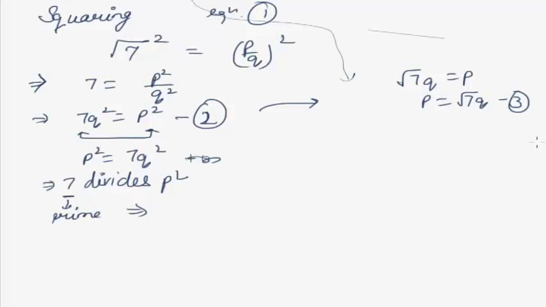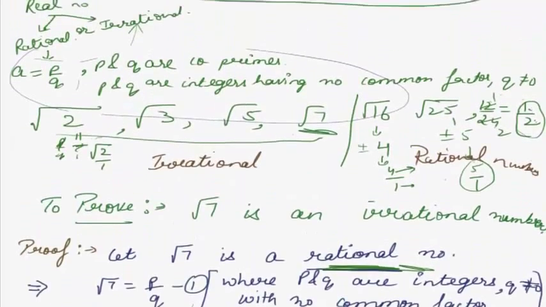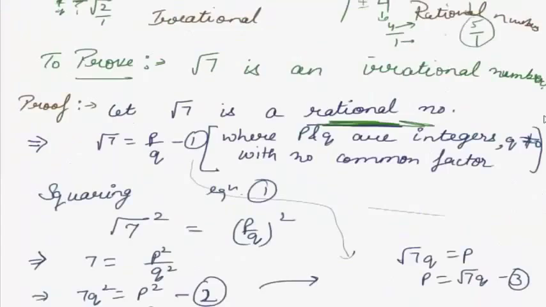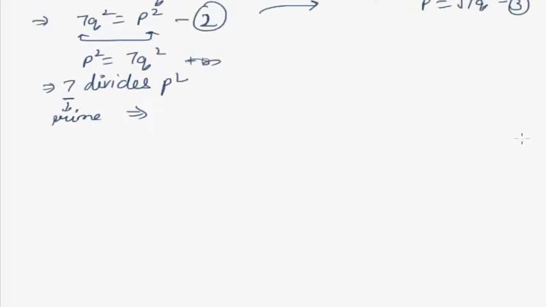So we can say by our theorem, if p is a prime and a is a positive integer, if p divides a square, then p divides a. Thus, we can say that 7 divides p.